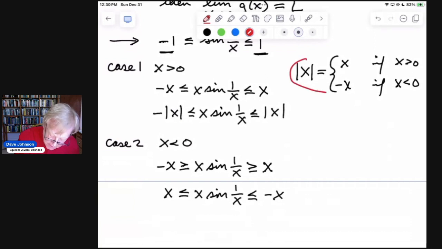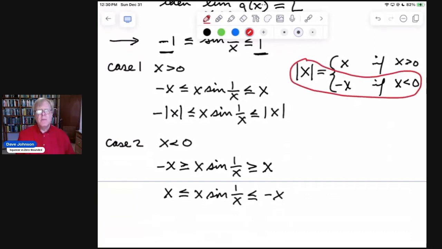So this time let's look at the bottom branch of the piecewise defined function. And so negative x becomes, and I can write it in red here, the absolute value of x.